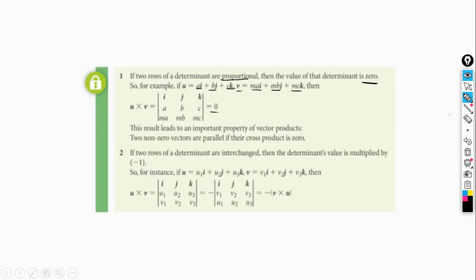This result leads to an important property of vector products: two non-zero vectors are parallel if their cross product is 0. And the second property is if two rows of a determinant are interchanged, then the determinant's value is multiplied by negative 1. That means that u times v is going to equal minus v times u, as we saw in the previous example.